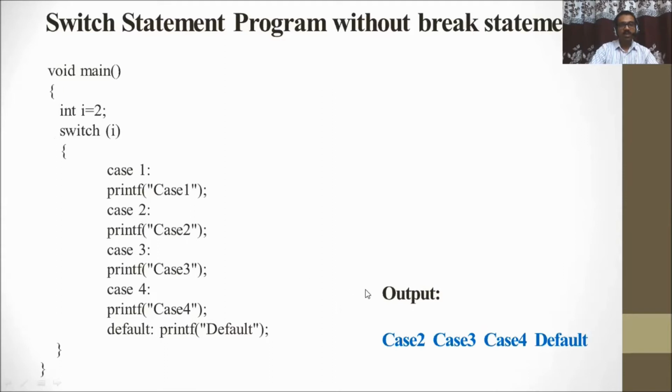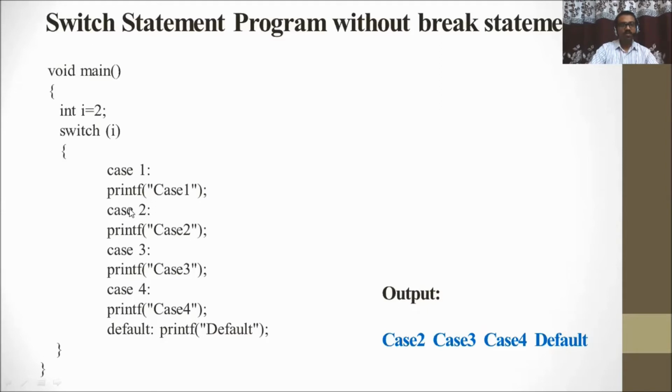Now we see the output. First case 2 is printed, and then control moves to case 3, and the case 3 block executes. Then the next case 4 block is executed, and case 4 is also printed. In the end, the default block is also executed, so we see the output of default.